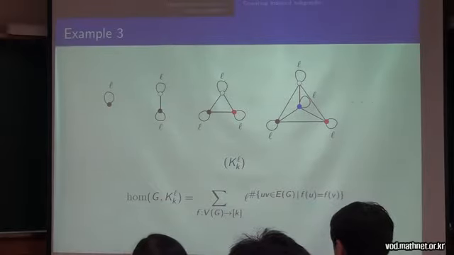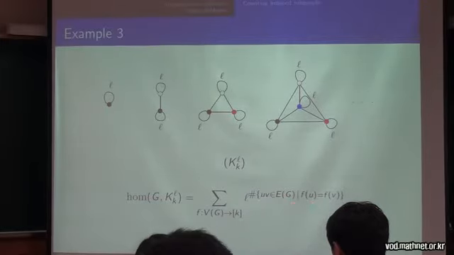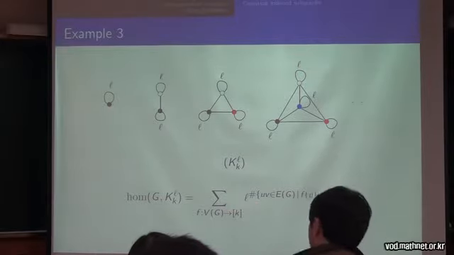So whenever I send an edge of G to the same vertex, when it's monochrome essentially, I get a weight of L. In particular, if L is 0, this is back to the chromatic polynomial and forbidding monochrome edges. So if L is 0, this is exactly counting proper colorings.